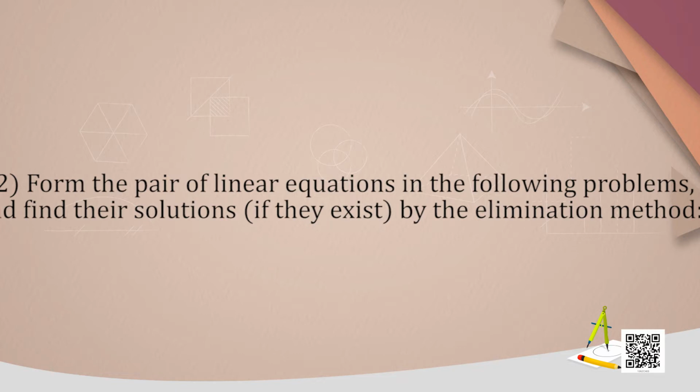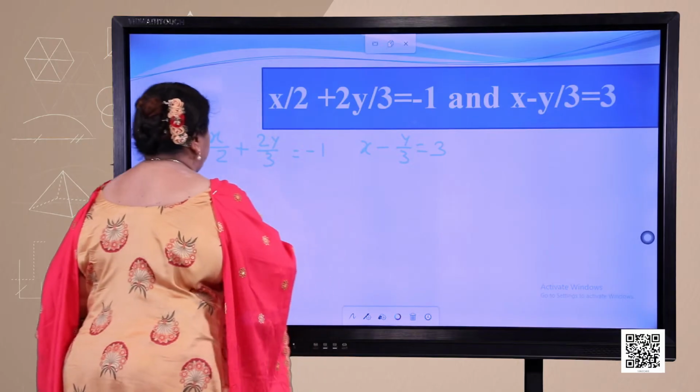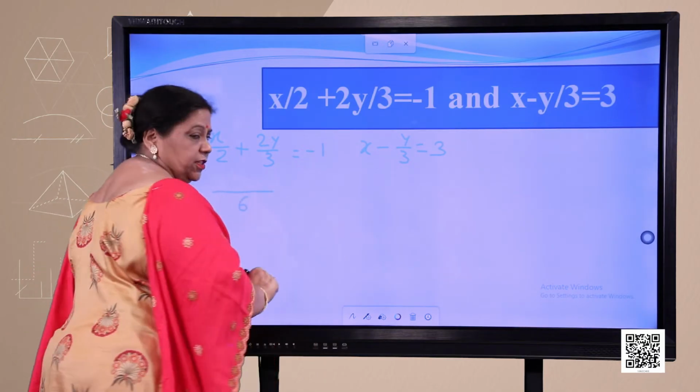We have x upon 2 plus 2y upon 3 is equal to minus 1, and x minus y upon 3 is equal to 3. Here let us simplify these equations first.